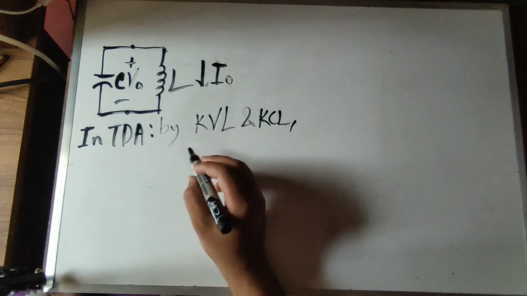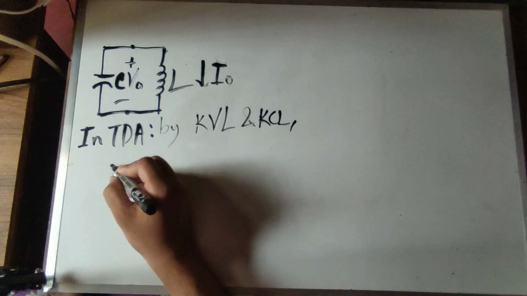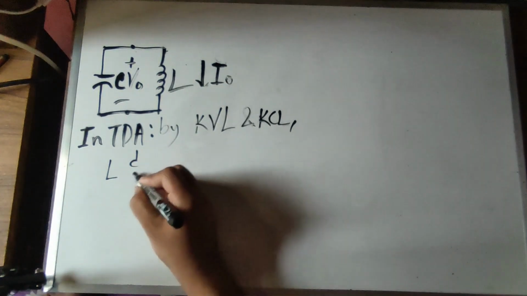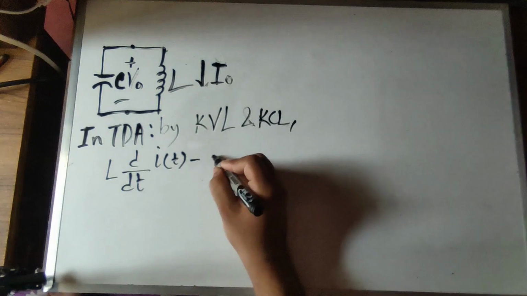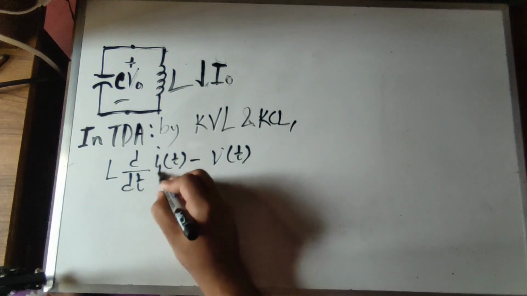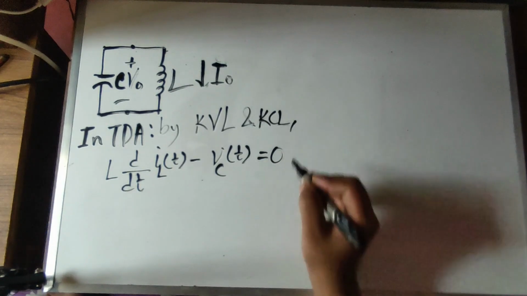By KVL, L di_L(t)/dt minus v_C(t), this is inductor and this is capacitor, equals 0, no input.